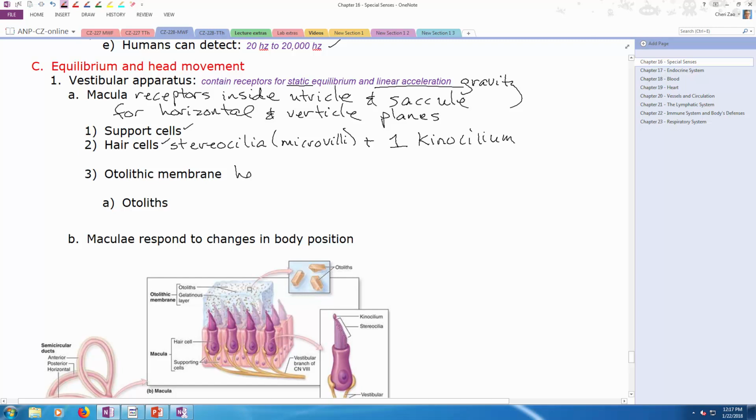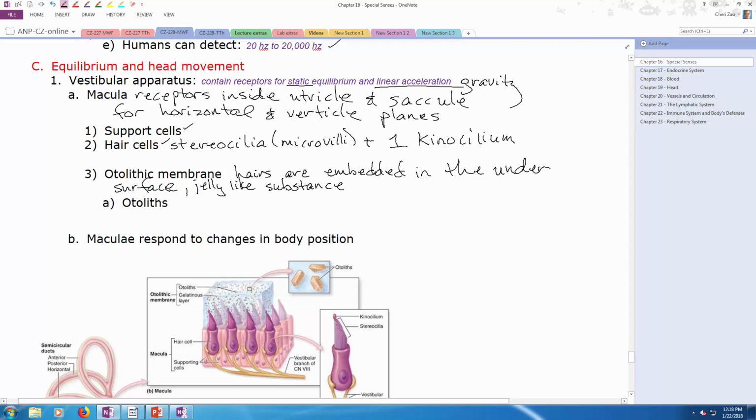And the hairs from our hair cells are embedded in the undersurface of this otolithic membrane, and it's a jelly-like substance is one of the common descriptors. Otoliths means stone.